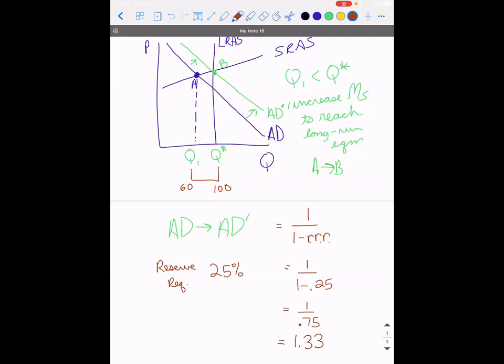Now, what that then requires here is that we're now going to make a comparison to what happens when the reserve requirement is 10%.